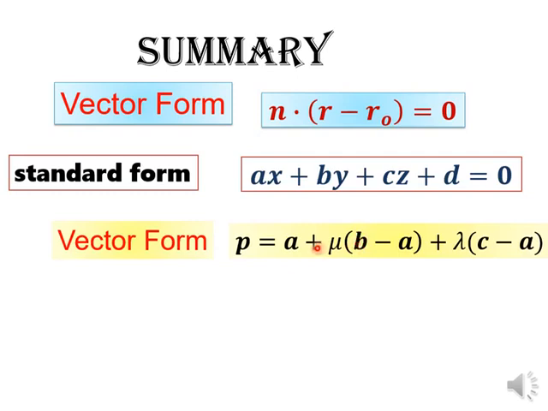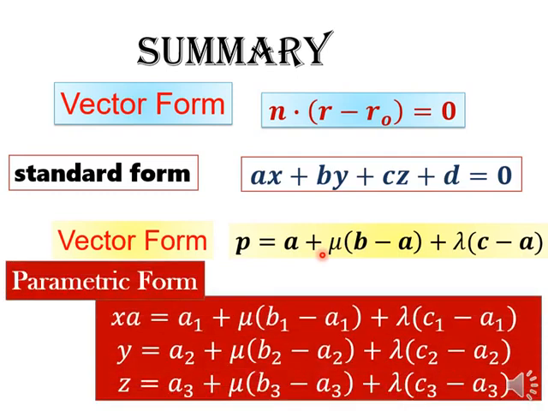Then mu and lambda are scalars which can be determined. Then we also looked at, if we use now this vector form and we split the components, that's the x components, y components, and z components, we realize that we end up with a parametric form of the equation of a plane. So this is all we have seen.